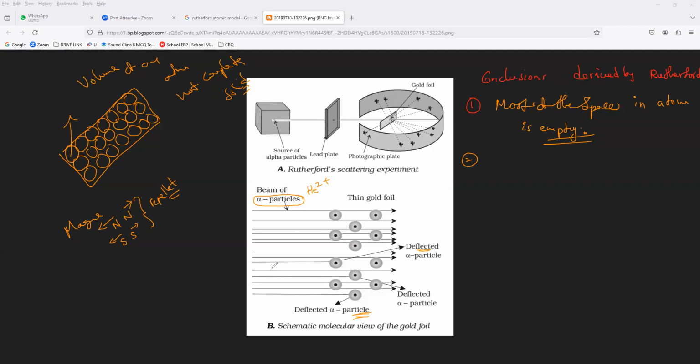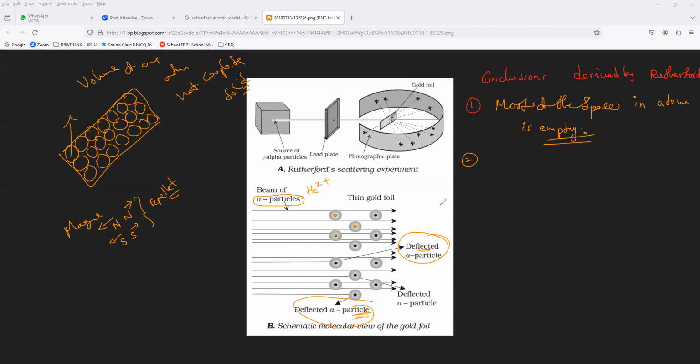There is a positive charge located at the center of the atom. That is why whatever alpha particle is trying to strike or pass through that center shows the deflection or bounces back. So that is the second observation.